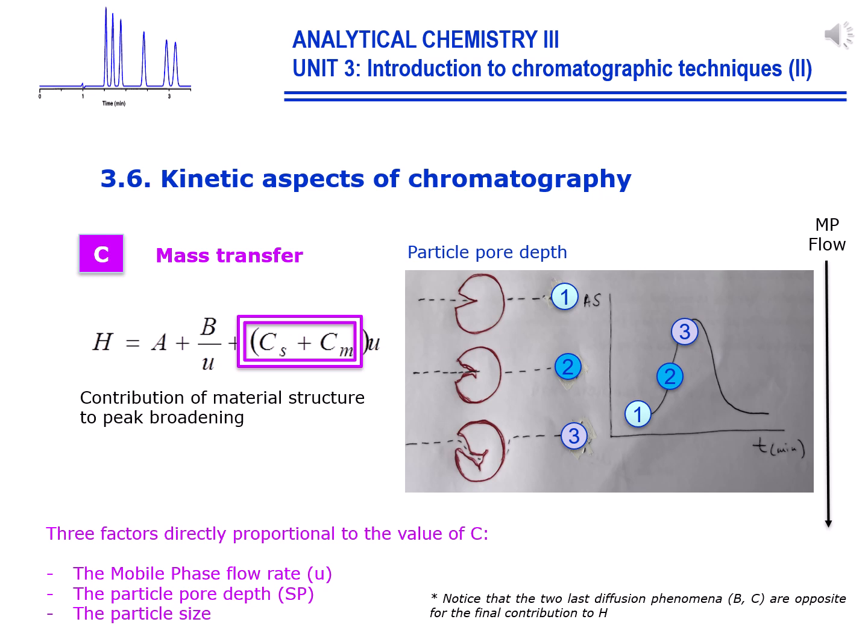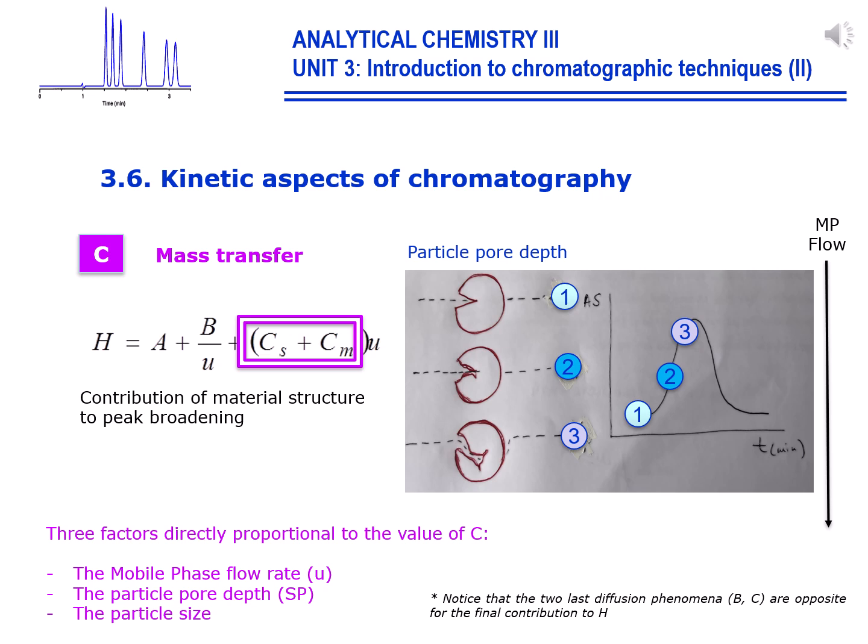Therefore, the higher the velocity of the mobile phase, the greater the broadening of the peaks due to this phenomenon. Another influencing factor is the pore depth of the particle, since the greater the pore depth, the greater the delay, and then the greater the final peak broadening.